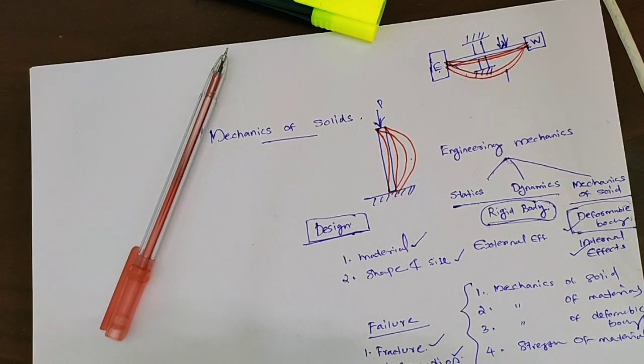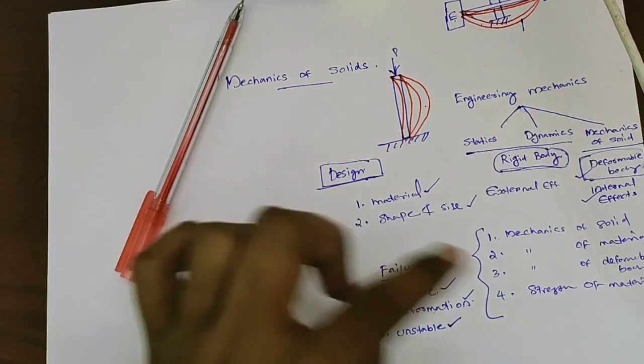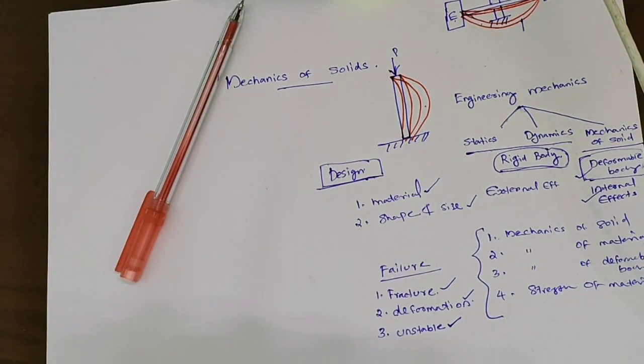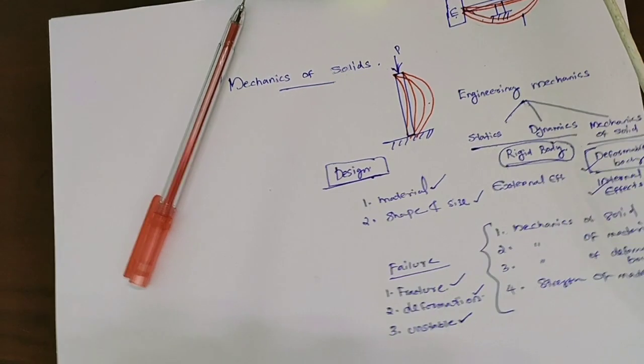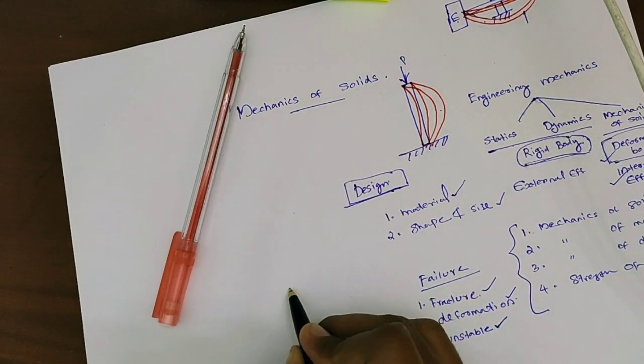So how can we avoid this fracture? We can avoid it by designing a component that meets enough strength, stiffness, toughness, and stability requirements. What are the essential requirements?